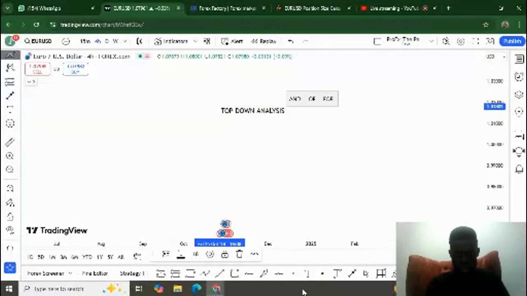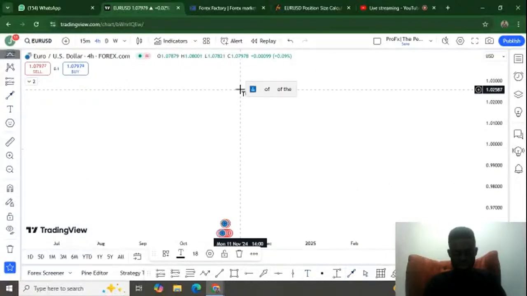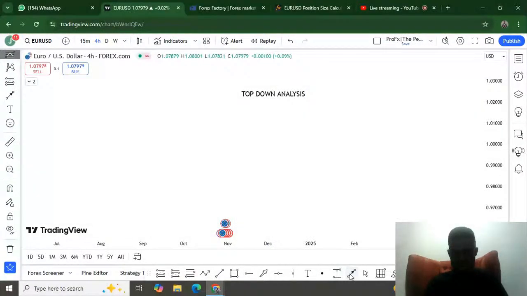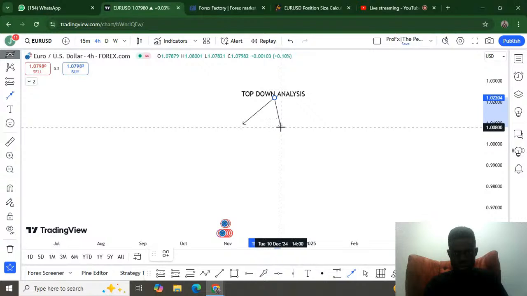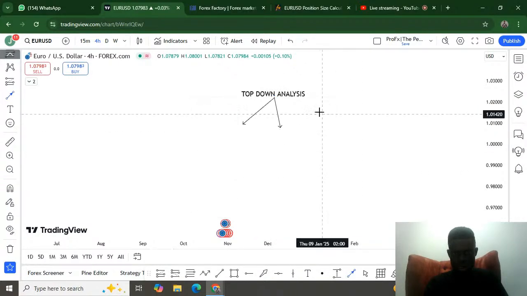So for our top down analysis, we're going to be needing three time frames: a higher time frame, a medium time frame, and a lower time frame.